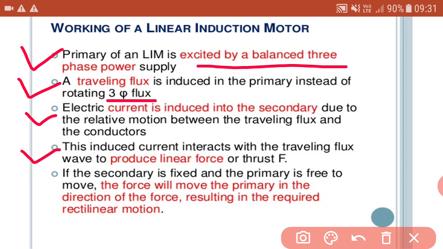This induced current interacts with the traveling flux wave to produce a linear force, or thrust force.